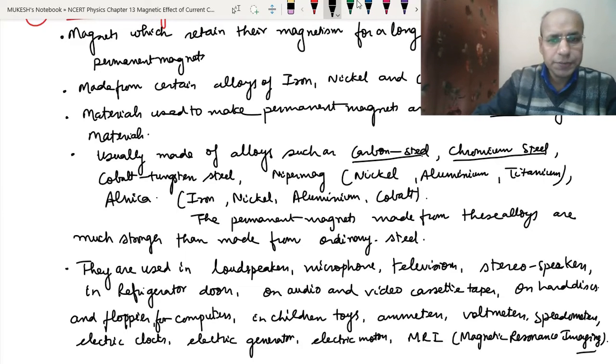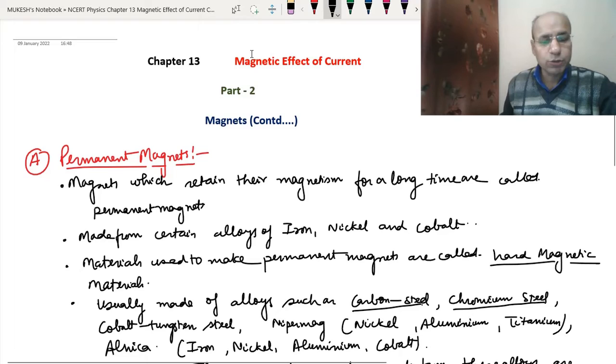Now let's repeat it. See, the permanent magnets are those magnets which retain their magnetism for a long time. They don't lose the magnetism in a very short period of time. They are made of alloys like iron, nickel and cobalt, like carbon steel, nickel and cobalt. We call them hard magnetic materials because they retain their magnetism.